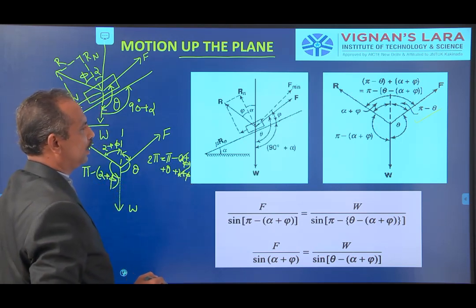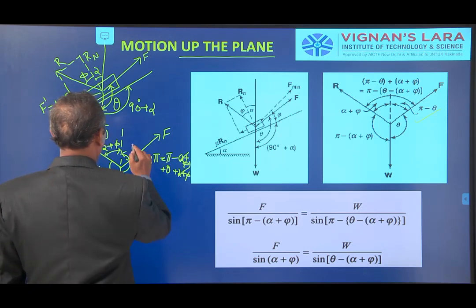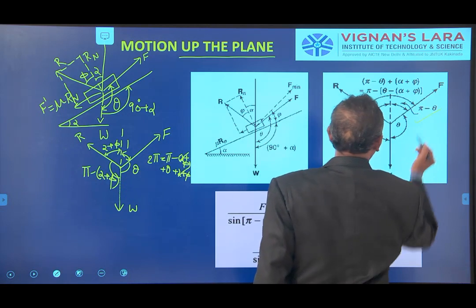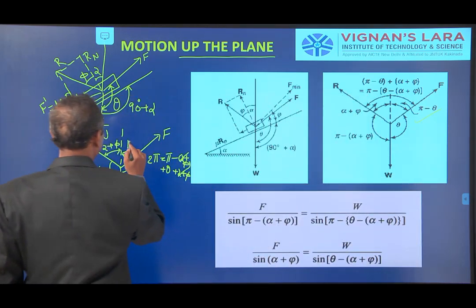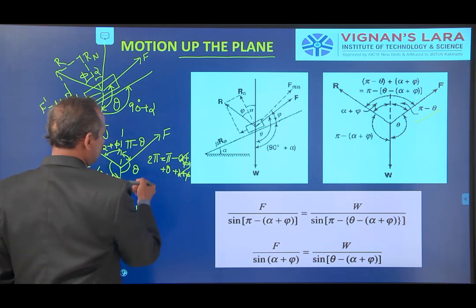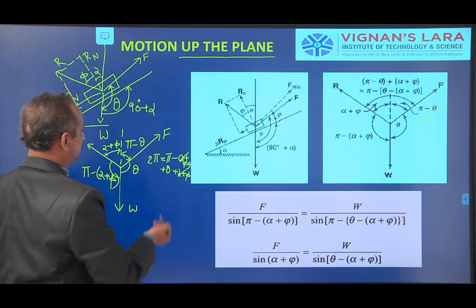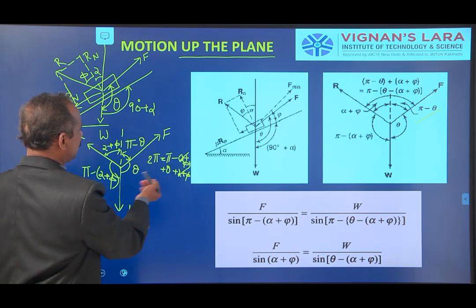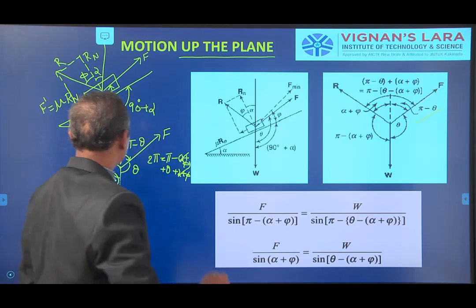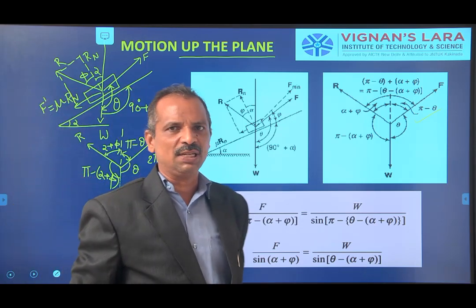Then the remaining one, what is it? This is pi minus theta. So you can see this is pi minus theta. You rearrange it, and that angle will become pi minus theta. Once we get this, then we can apply Lami's rule.